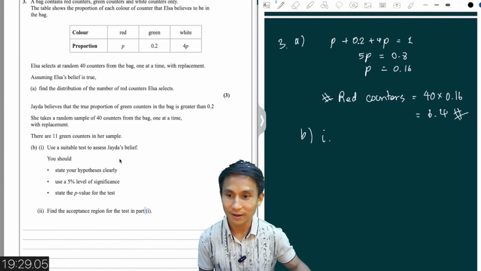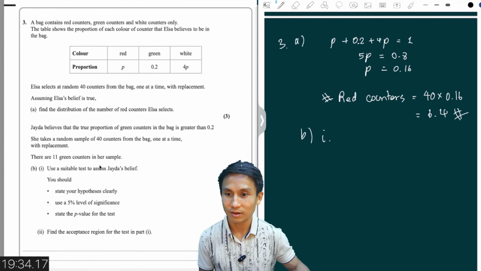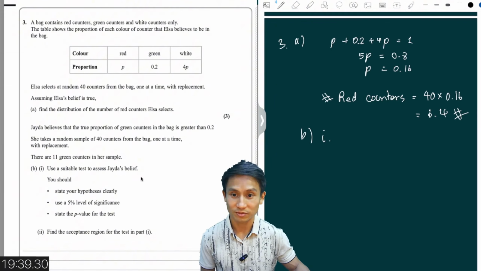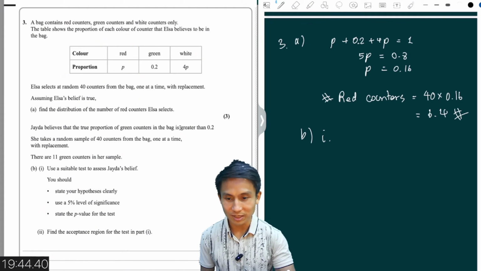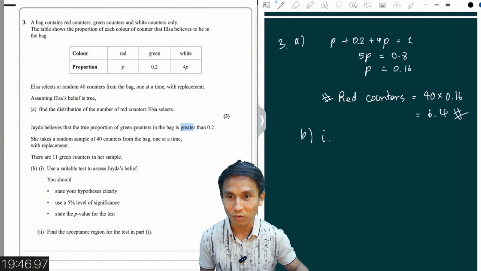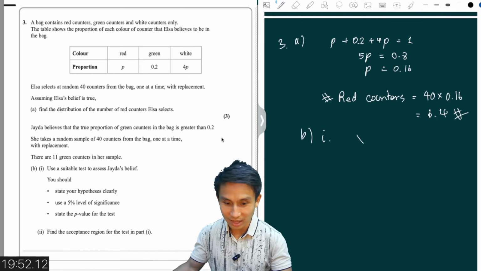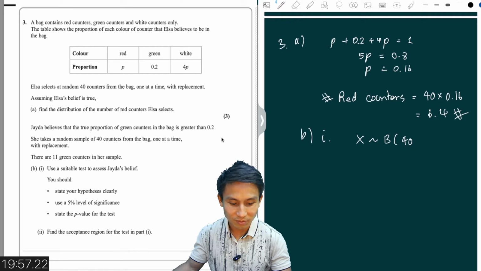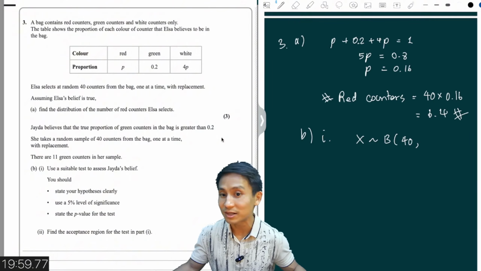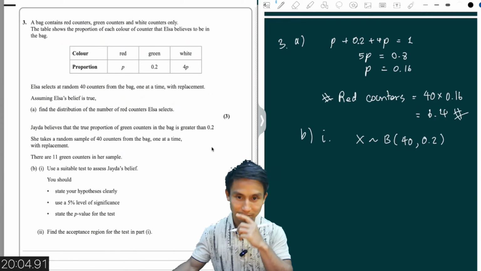All right. Okay. So this is hypothesis testing using binomial, right? Because she believes that the proportion of green is greater than 0.2, we're gonna model X as binomial first, with 40 trials, and the probability of green, because we talk about green here, so it should be 0.2, right?